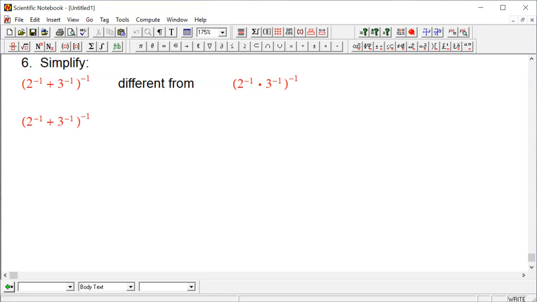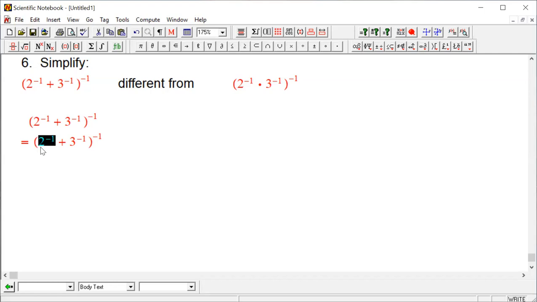We have to follow the order of operation. How do we follow the order of operation? We have to leave out the exponents outside there. We cannot do it yet.